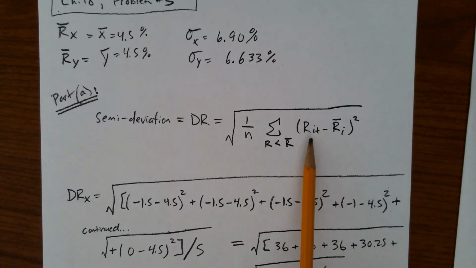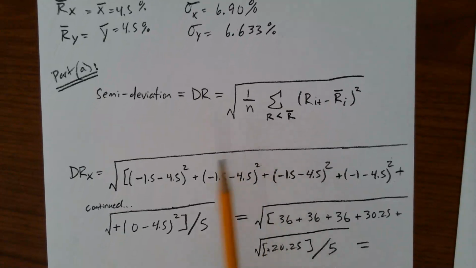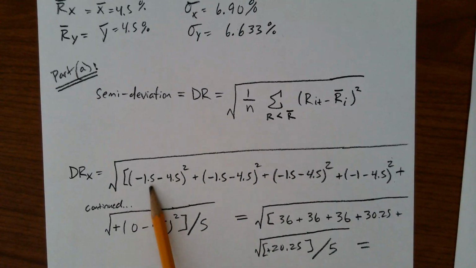Only include returns for fund X that are below the average return for fund X. So if you have the book right in front of you, you will see that a loss of 1.5% gets included, a loss of 1.5% gets included, a loss of 1%, and then a return of 0% in one of those years.